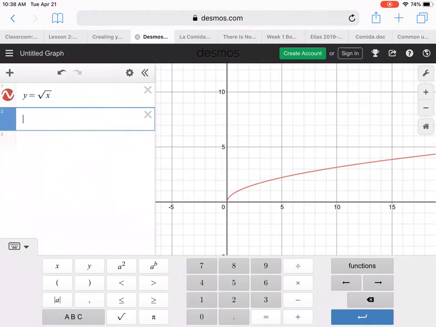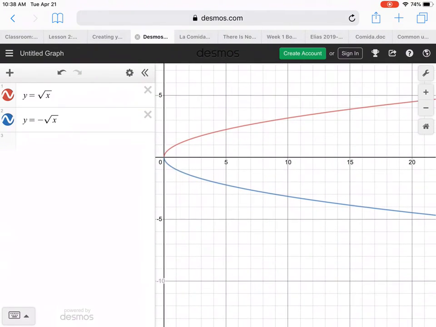I'm going to flip over to Desmos here. Here you can see in the red curve, I have graphed y equals the square root of x. And you can see that's a curve that's existing above the x-axis. Well, if I also graph y equals negative square root of x, notice I'm not taking the square root of -x, it's negative square root of x.